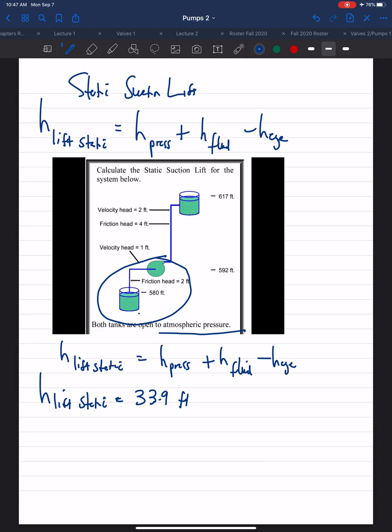The height of the fluid is given here, 580 feet. Now, the HI, or pump suction center line here, was given to be 592 feet. So we're 33.9 plus 580 minus 592. Our static suction lift is 21.9 feet.